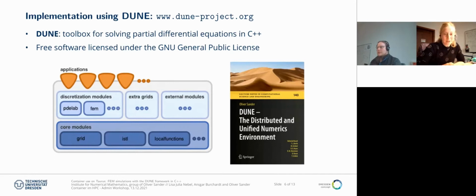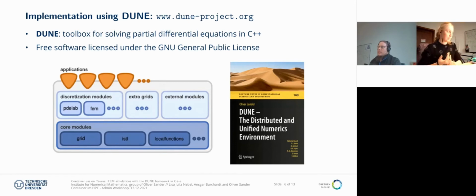So the DUNE software is structured in modules. And there are different kinds of modules depending on what simulation you want to realize. There are core modules that give you a grid manager and some options to evaluate functions on the grid.